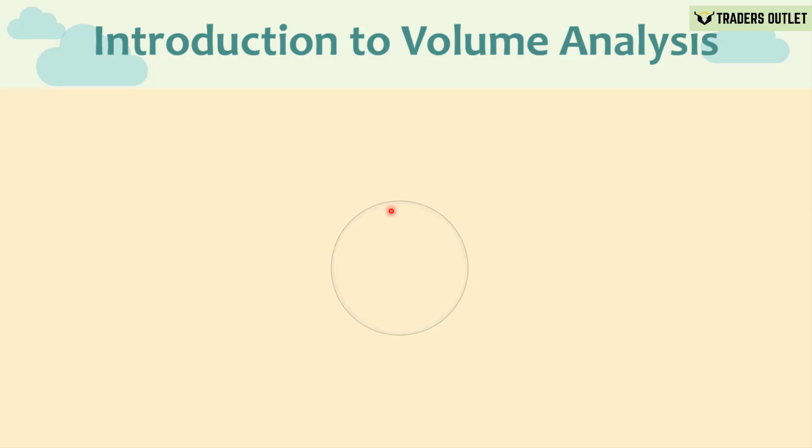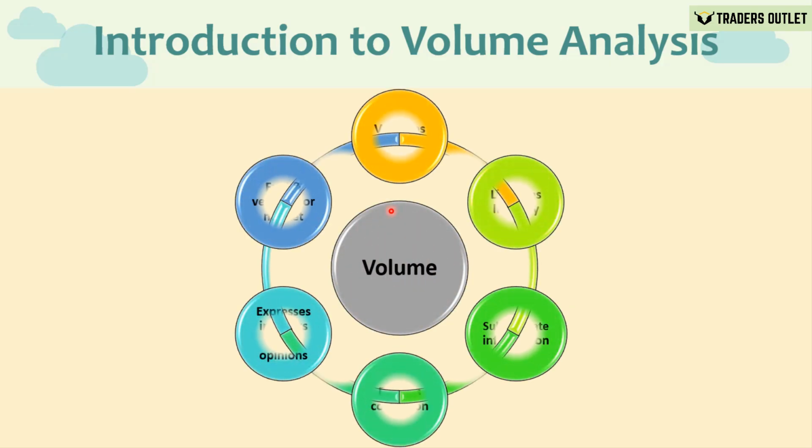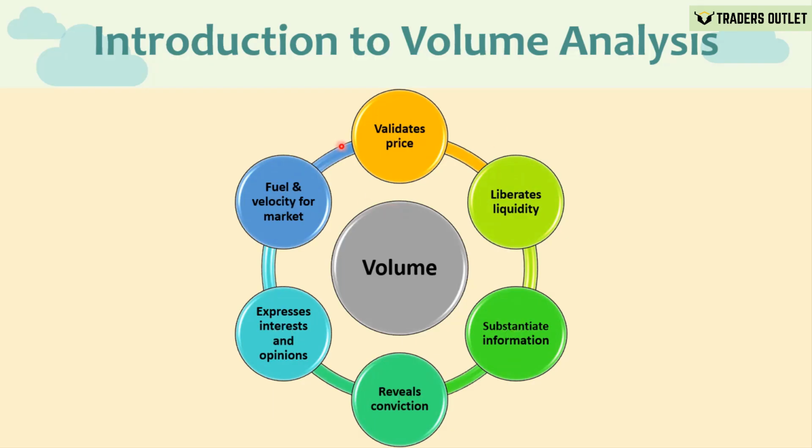So we'll see some of the important reasons why we should have volume as a part of our analysis. The first reason to include volume is that it validates price. Let's look at volume from the perspective of voting in elections. When a politician wins an election, it is important for them to win by a particular margin.